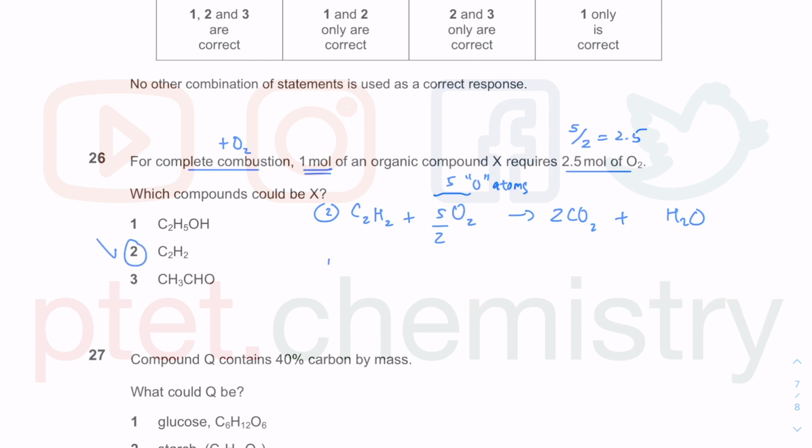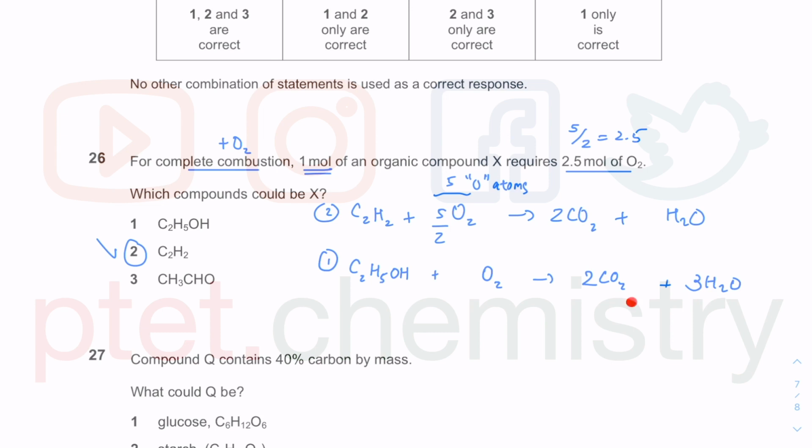So now moving on to option 1, if I have C2H5OH, when I add it with oxygen, I'll also get CO2 and H2O, which is complete combustion in excess oxygen. So I've got 2 carbon, I should have 2 CO2, and I've got 5 and 1, so there's 6 hydrogen atoms. To get 6 hydrogen atoms, I already have 2 here, so I just need 3 H2O. This will give me 3 times 2, which is 6 hydrogen atoms.